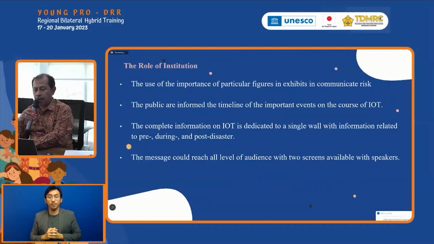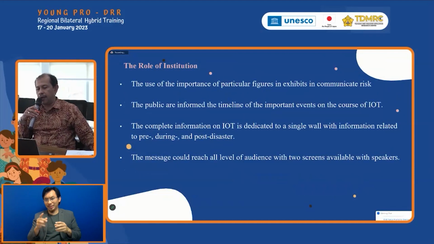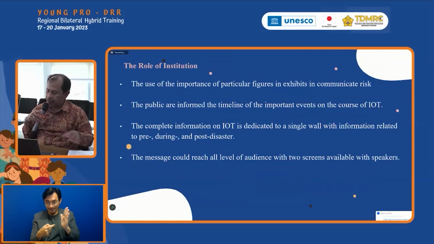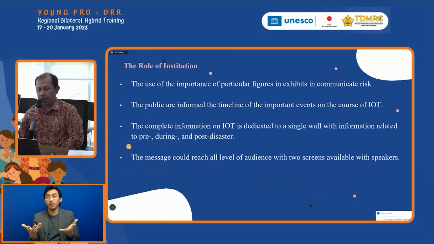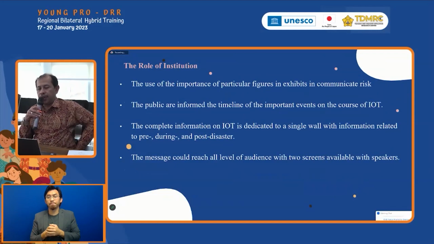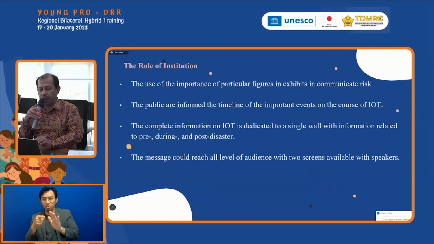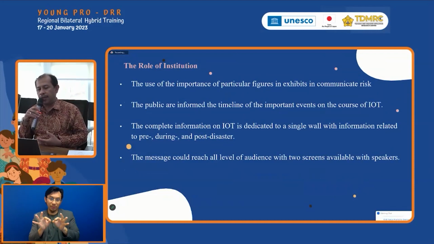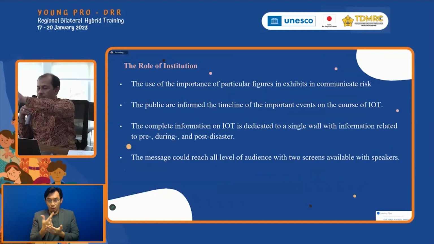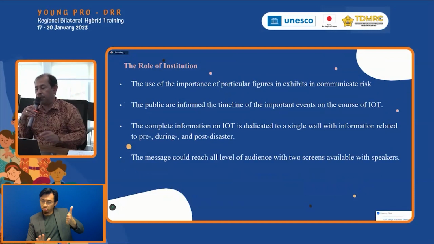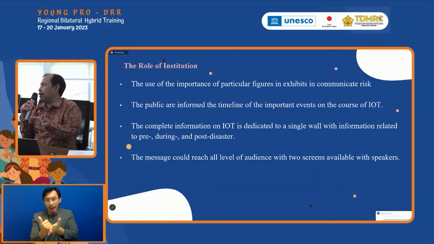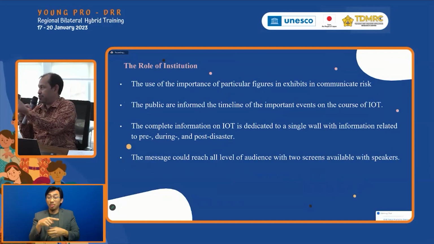Okay, so I think this is already stated in the module that the use of particular figures in exhibits is important in communication, and that complete information dedicated to a single wall can help people who have very little time to visit the museum.